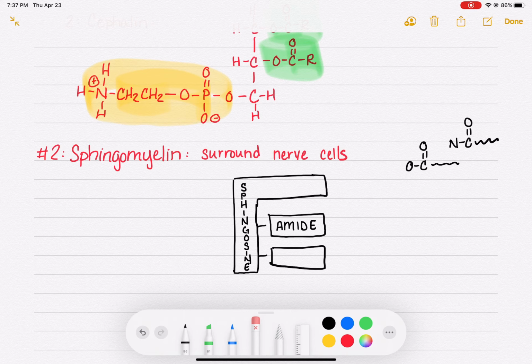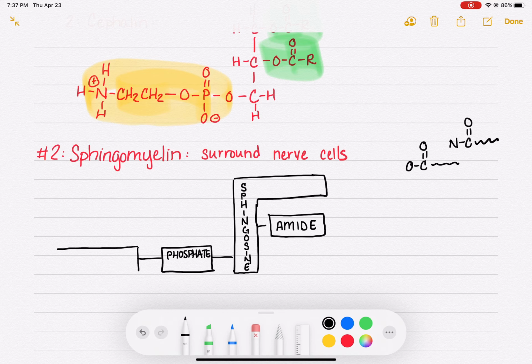So for our last position, just like the glycerophospholipids, this is going to be on the other side of the molecule, going in this direction. And this over here is going to be a phosphate, which is followed then by an amino alcohol.